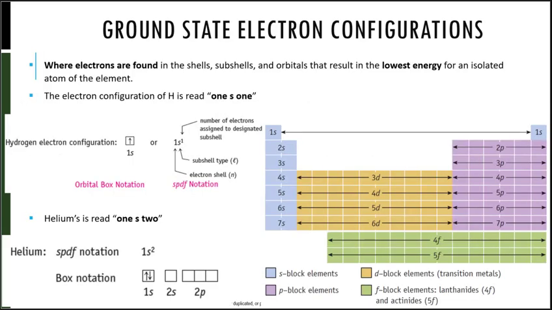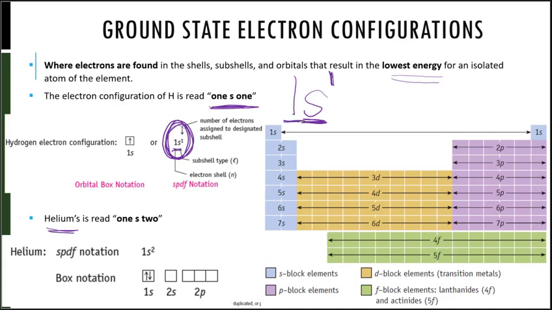Let's look at electron configurations. Where electrons are found in the shells, subshells, and orbitals that result in the lowest energy for an isolated atom of the element is an electron configuration. The electron configuration of hydrogen is written like this, and we read it like this: 1s1. That means hydrogen has 1 electron in the s subshell in the first shell.